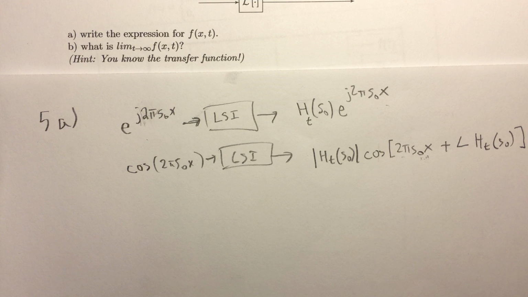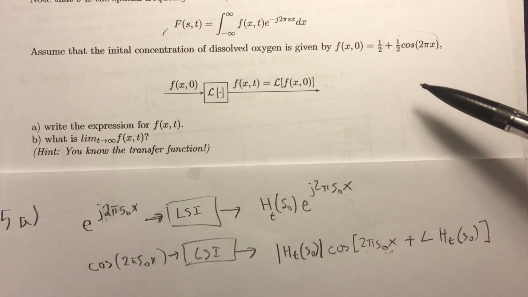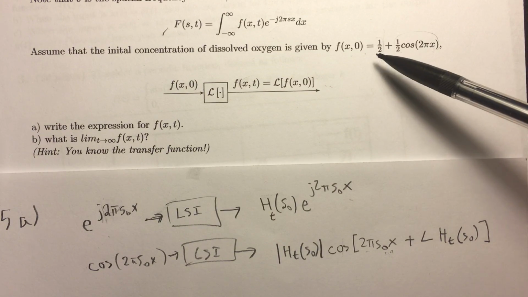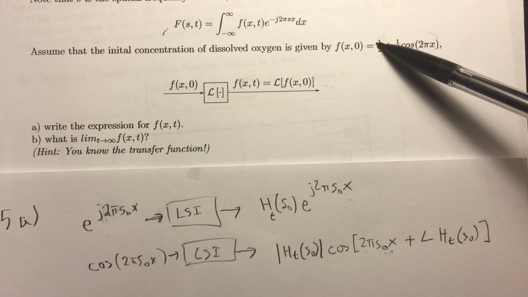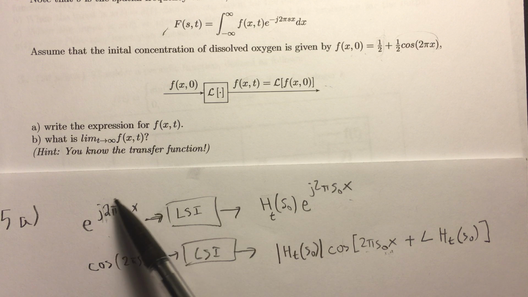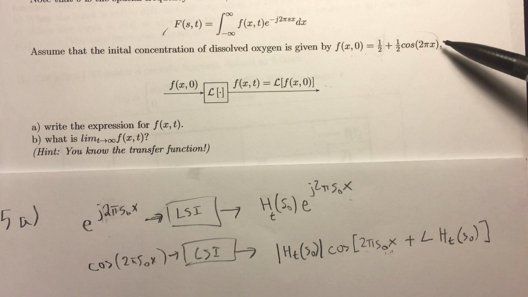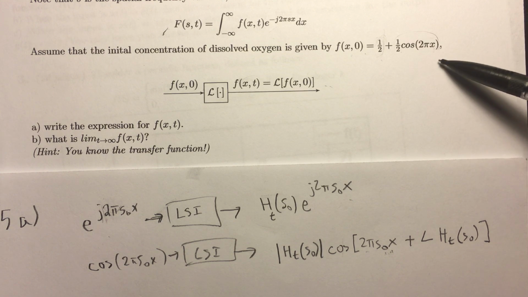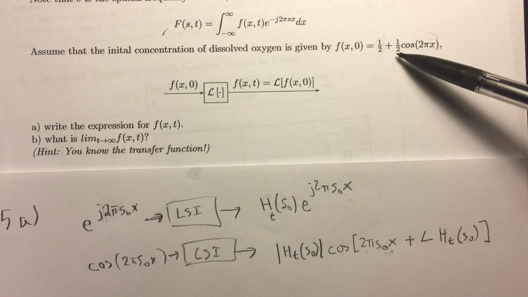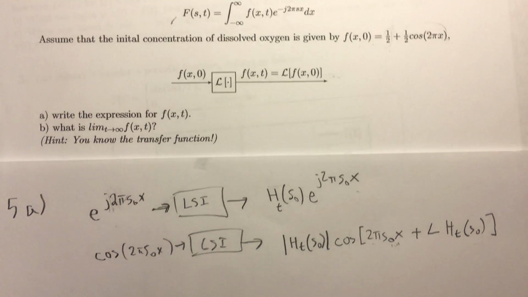Okay, so just looking at these two, we can actually already solve this problem. Because let's look at what we have. We have a constant, but a constant is just a complex exponential with a 0 frequency. And then we have a cosine at spatial frequency of 1, which is the second property that I wrote.